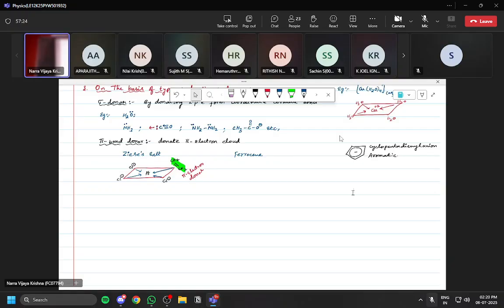Six pi electrons it is donating. One negative charge, man, and 2 pi bonds, that is 4. Totally 6 pi electrons it is trying to donate. Donated by how many carbons? Five. Every carbon is trying to donate a pair of electrons, correct? So I am writing that like this.